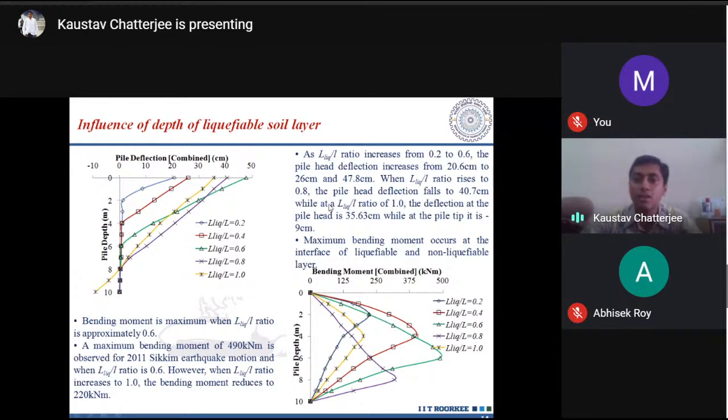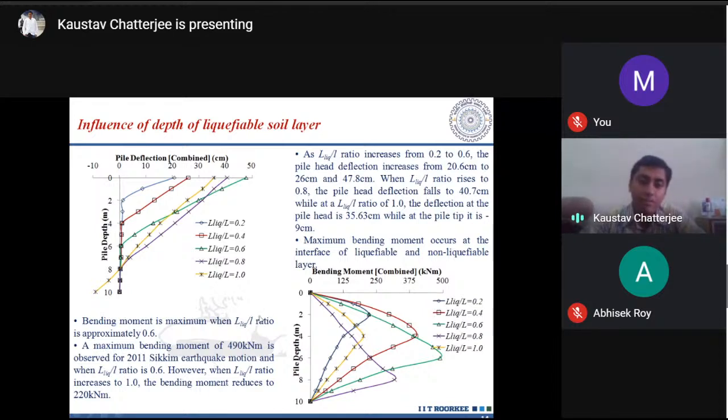However, when it goes from 0.6 to 0.8, the deflection is reduced, and at a ratio of 1, the deflection is reduced again. The same is observed for the bending moment. Also, the maximum bending moment occurs at the interface of the liquefiable and non-liquefiable soil layers. When the ratio is approximately 0.6, the maximum bending moment and hence the maximum deflection will be observed.